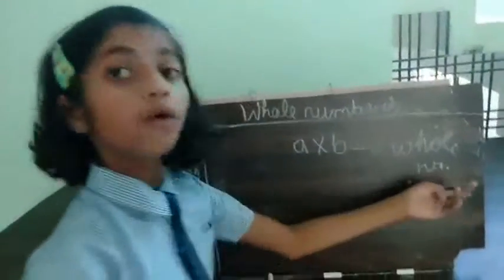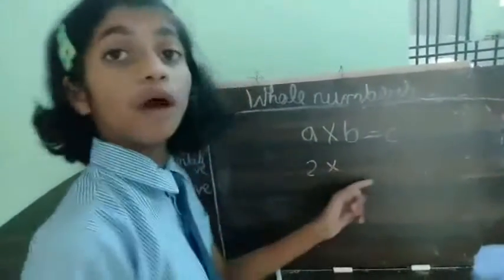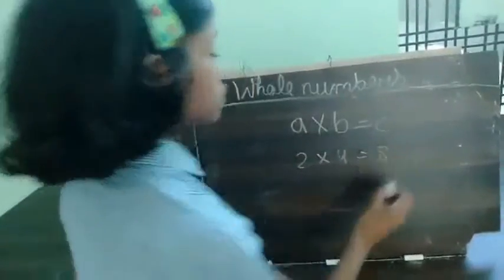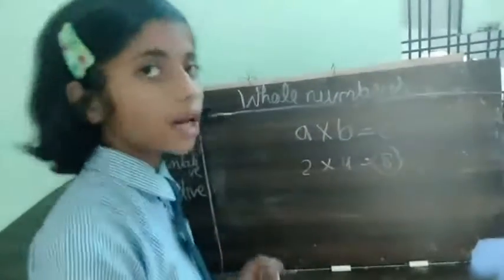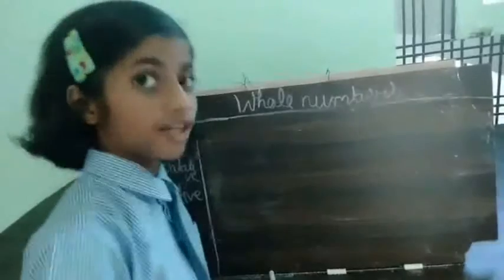By number, we can solve it like that. The value of A is 2, into the value of B is 4, equals 8. So, 8 is a whole number. This is our first property of multiplication.